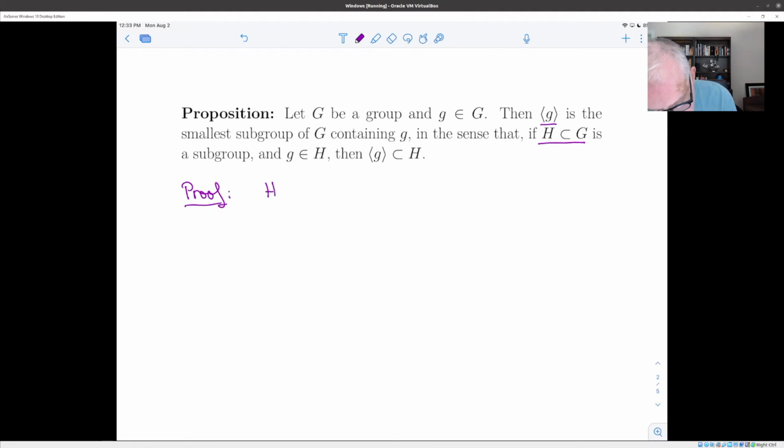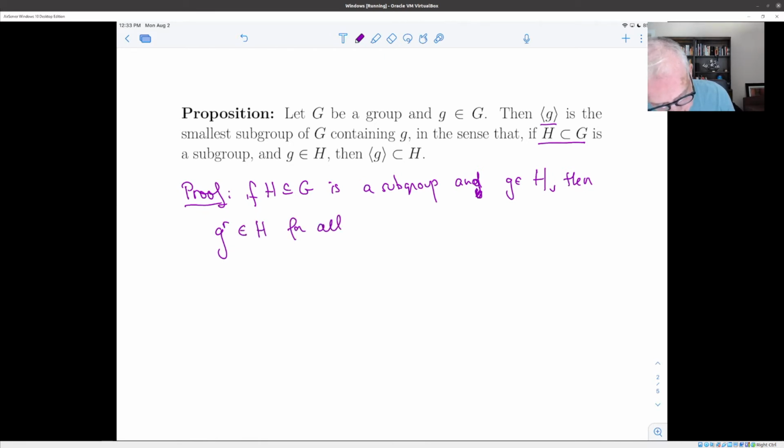And the proof of this is as follows. So H is contained in G, and it's a subgroup. And g is an element of H. Well, then it's certainly the case that g to the r has to belong to H for all r of the form 1, 2, and so forth, because H is closed under multiplication. So if you multiply, this is g, g squared, g cubed, and so on.